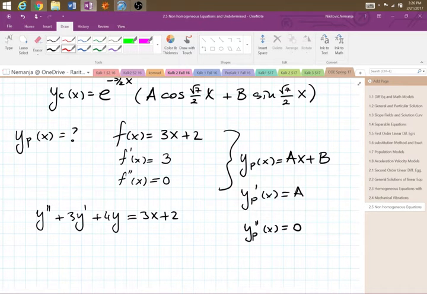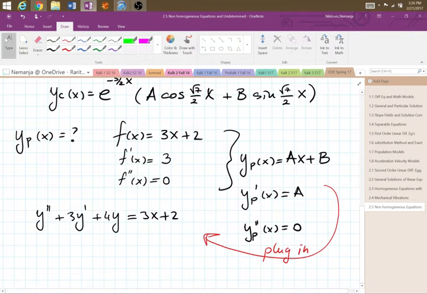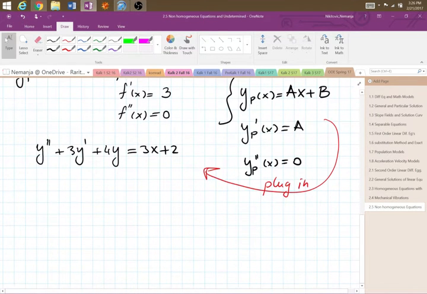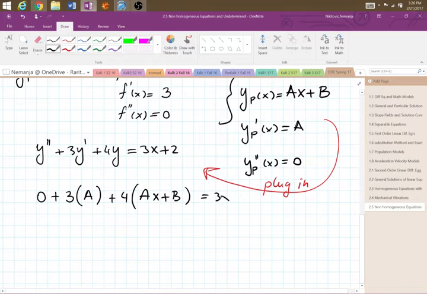Plug these in. Awesome. Instead of y double prime, I have 0, plus 3 times y prime, which is just a, plus 4 times ax plus b, is equal to 3x plus 2.